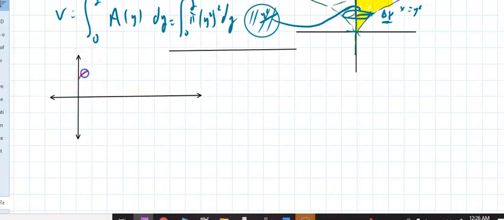Now, what happens if I'm looking, and I'm going to color code those again. Let's say I have y equal f of x, and I have another function, let's say g of x. It doesn't have to match.